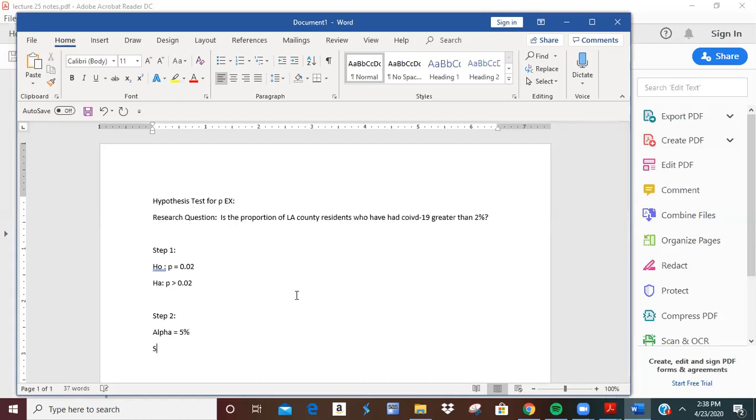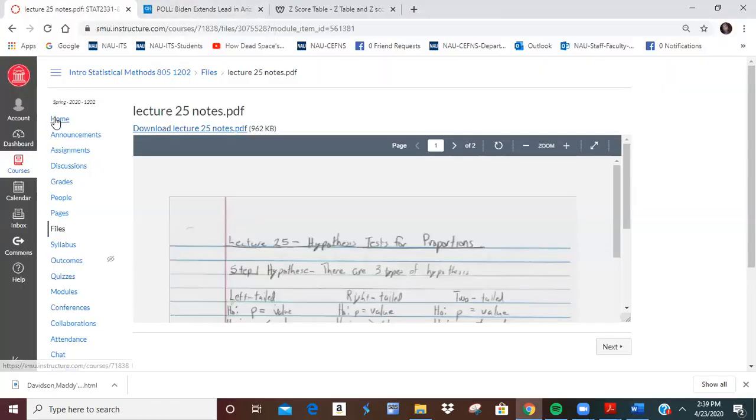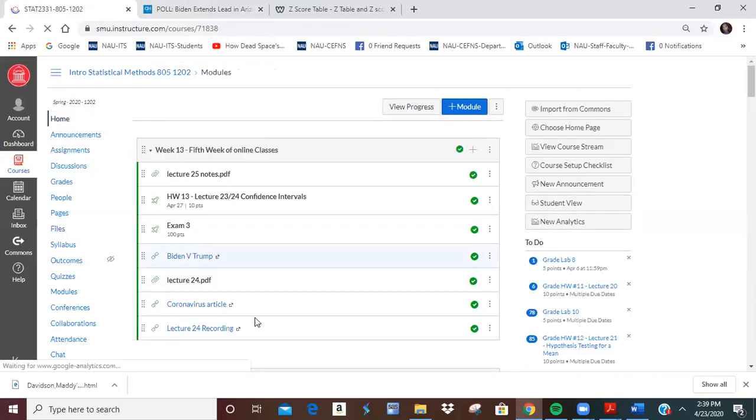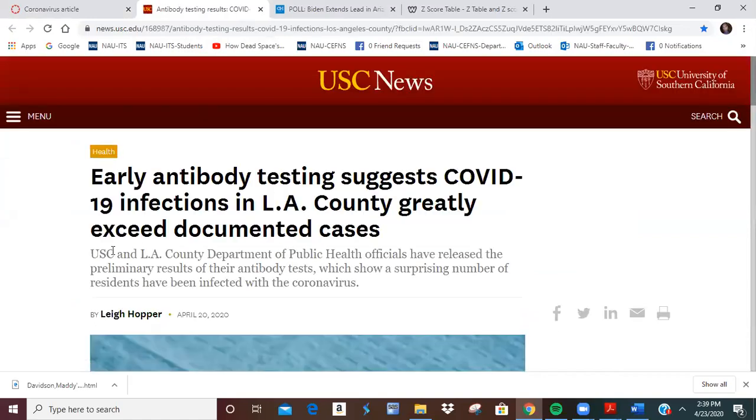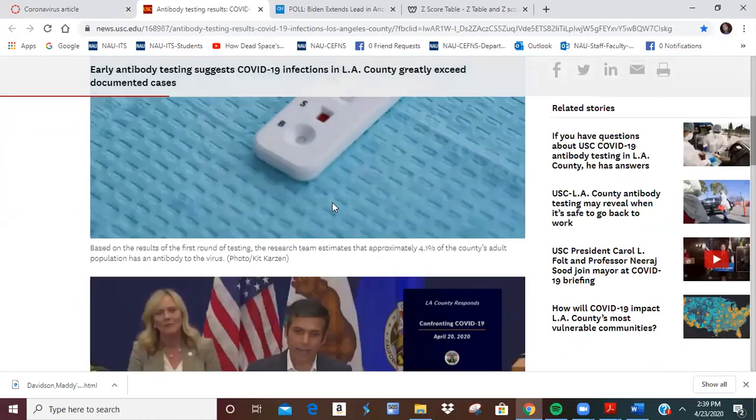And we have to check our assumptions. So here's the article that I got this from. This is antibody testing. It suggests that the number of COVID-19 infections is greater than documented.